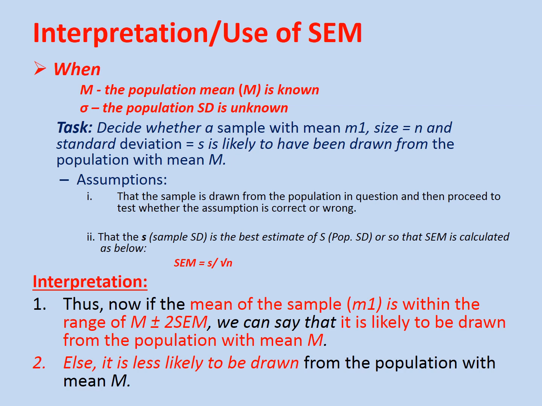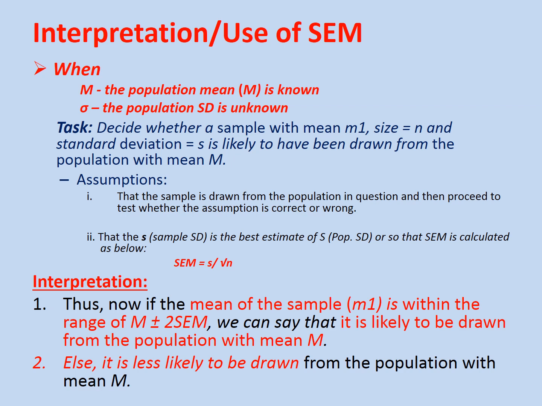But let's focus on the first situation, where we know the population mean but we don't know the population standard deviation, and our task is to decide about a sample with a mean m1. Suppose the sample has mean m1, size n, and standard deviation s.